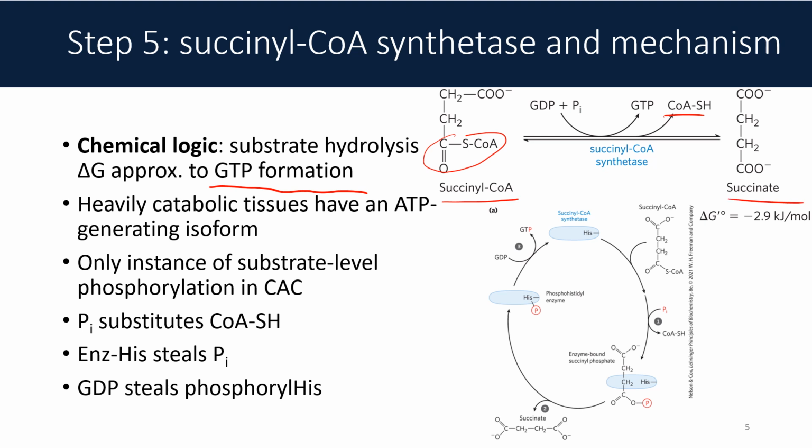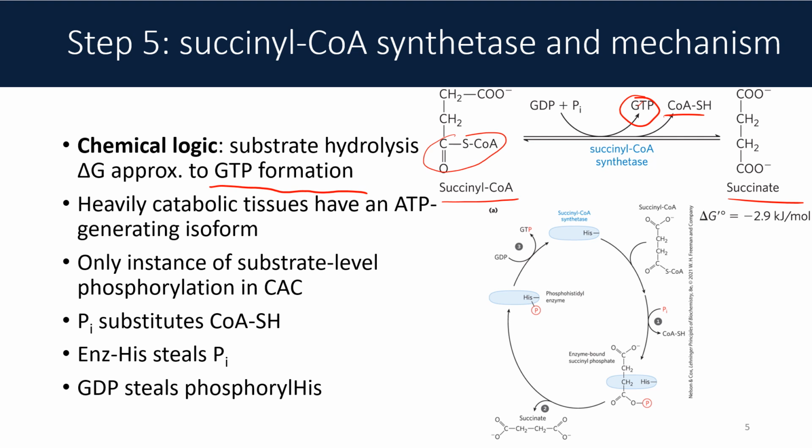And the energetics of that cleavage happens to be roughly equivalent to the formation of one equivalent of GTP, which is why we make that little bit of energy right then and there.